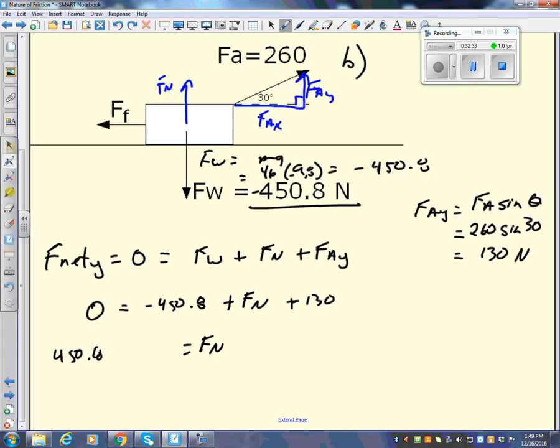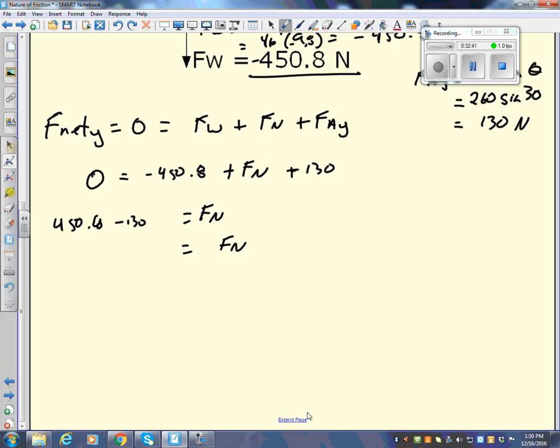I'm going to take that plus 130 to the other side, and it's going to become minus 130. And my normal force is going to be 450.8 minus 130. The normal force is less than the weight force. How come? Because you're lifting up.